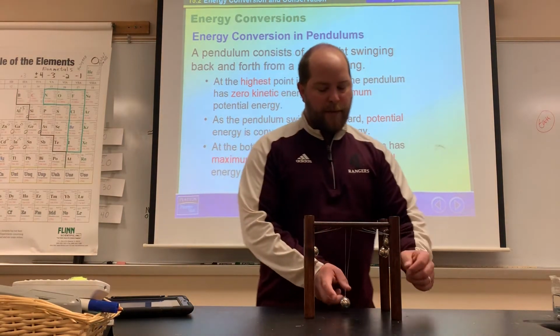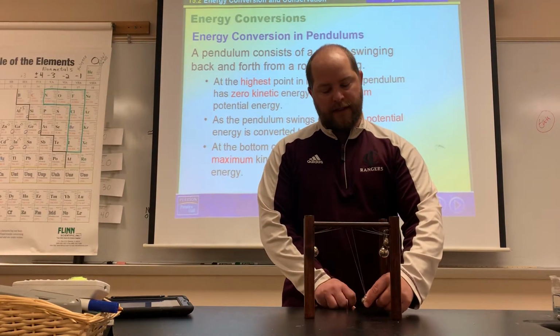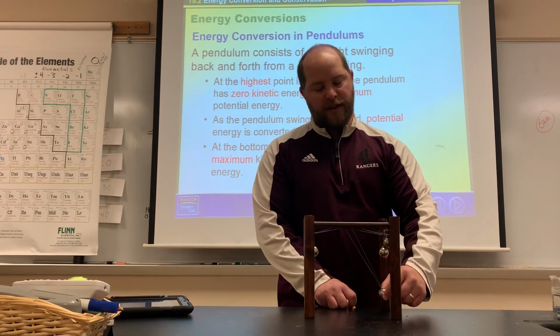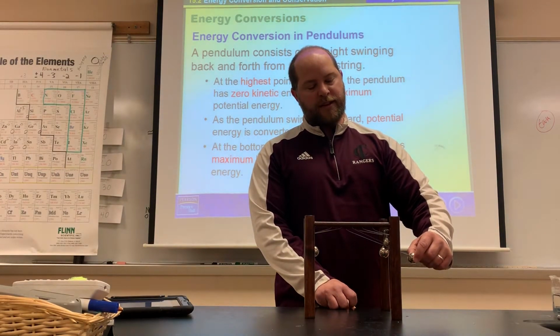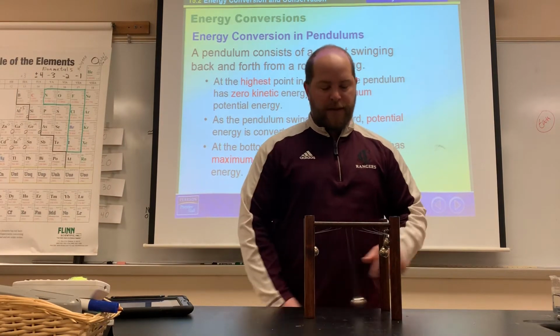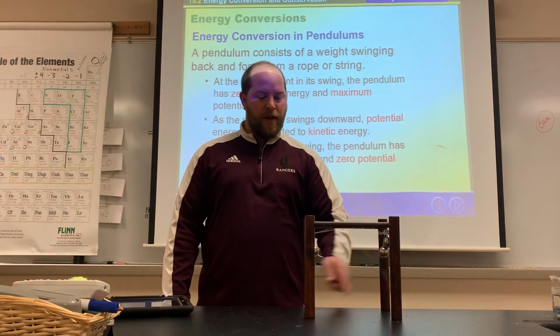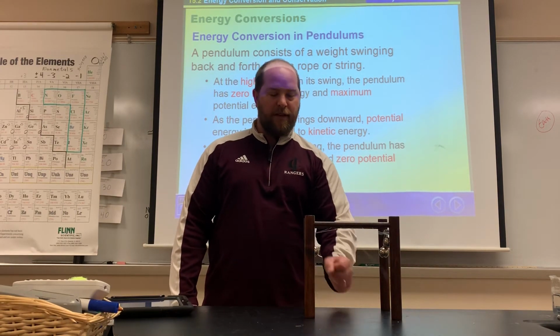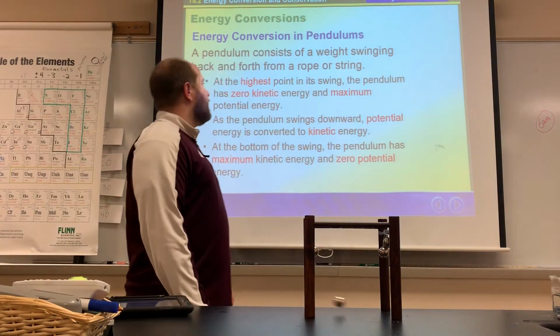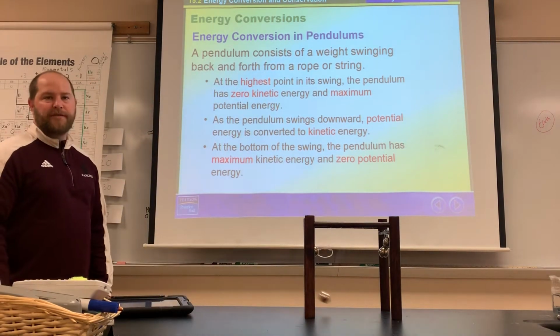And then on the upswing, it's gaining the potential energy from the kinetic energy. And then at the top of the upswing here again, it's all potential. So as it's going back and forth, all potential at the top, at the bottom it's going to be all kinetic. So this kind of puts into words what I was telling you.